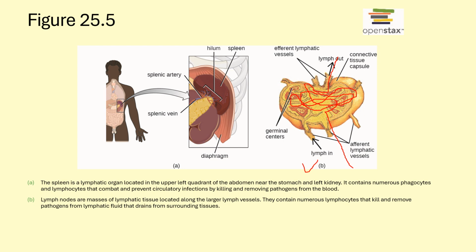And lymph, as it's collected in the lymphatic vessels, I don't care where it's picked up from, is going to go through a series of lymph nodes, not just one. It's going to go through several. And so each time it's getting filtered. The idea is it better be sterile when you dump that lymph, that fluid, back into the circulatory system.